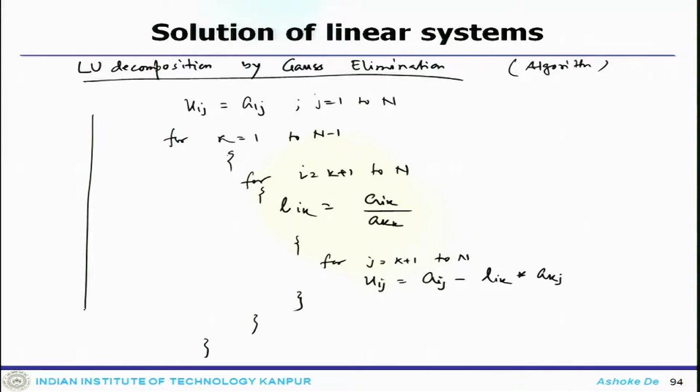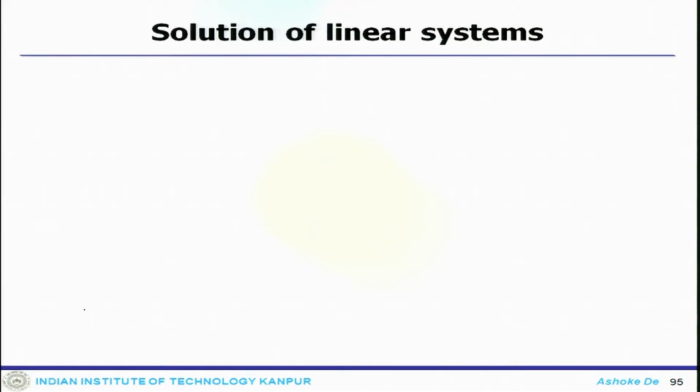Now, the important point: all this Gauss elimination or LU factorization is possible when you have a generic matrix. Now, one can look at the direct approach for banded sparse matrices.